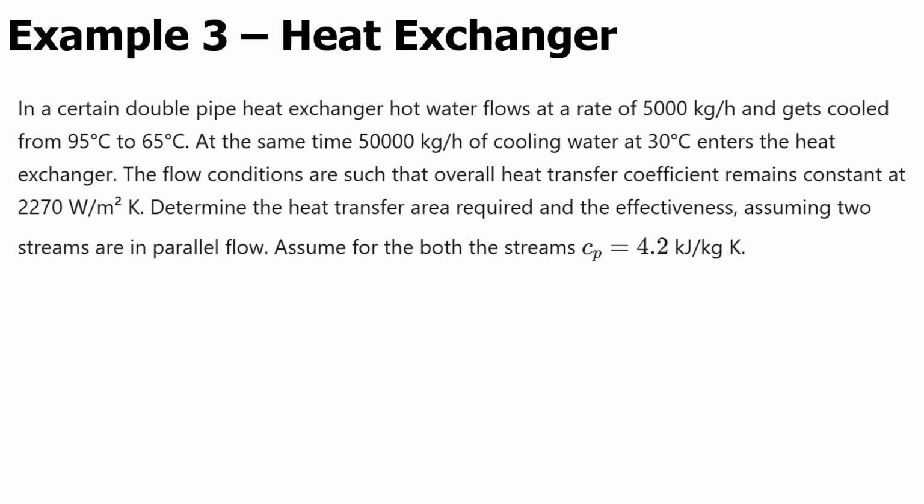The flow conditions ensure that the overall heat transfer coefficient remains constant at 2270 watts per square meter Kelvin. We need to determine the heat transfer area required and the effectiveness. Assuming the two streams are in parallel flow, we will also assume that for both streams, the specific heat capacity, Cp, is 4.2 kilojoules per kilogram Kelvin.